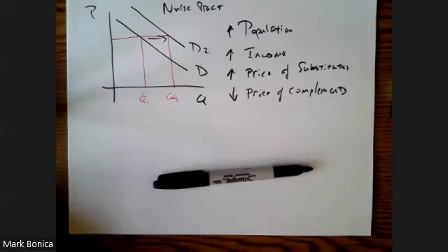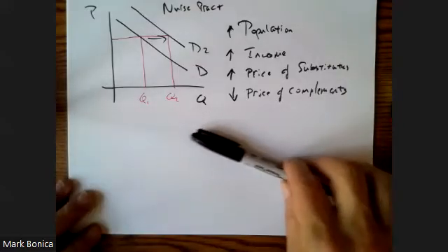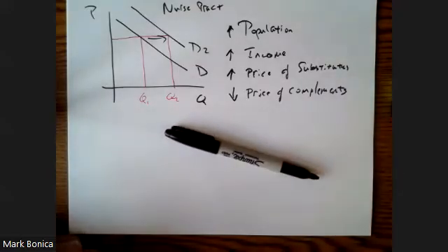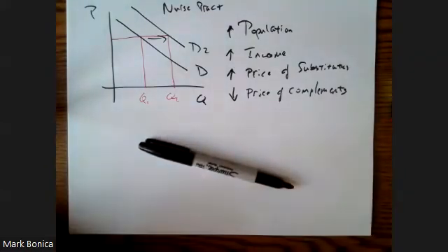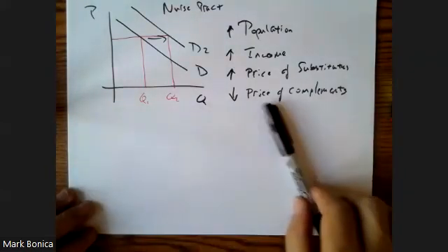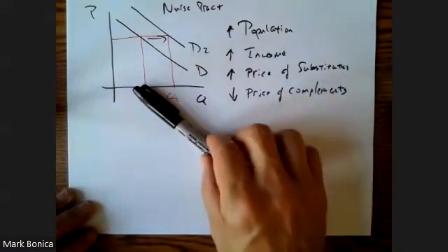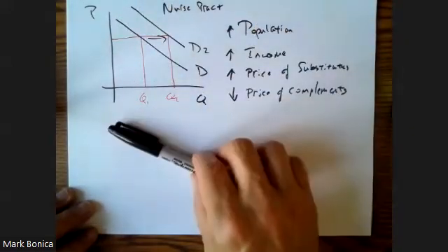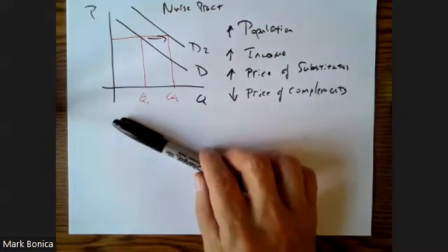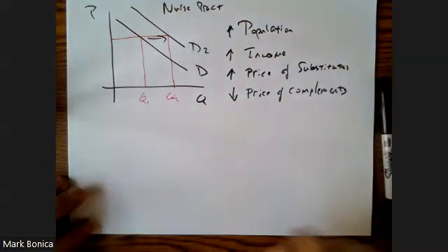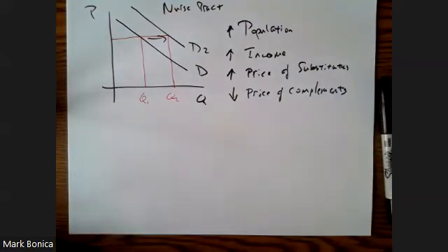So if the prescription is cheaper, then your overall, because you're thinking of the visit to the doctor or nurse practitioner in this case as a package where you're paying both to see the nurse and to buy some drugs. Well, if the price of the drugs goes down, then the overall cost of the package goes down, which then makes you more able to buy more visits to the nurse practitioner. And so price of complements goes down.